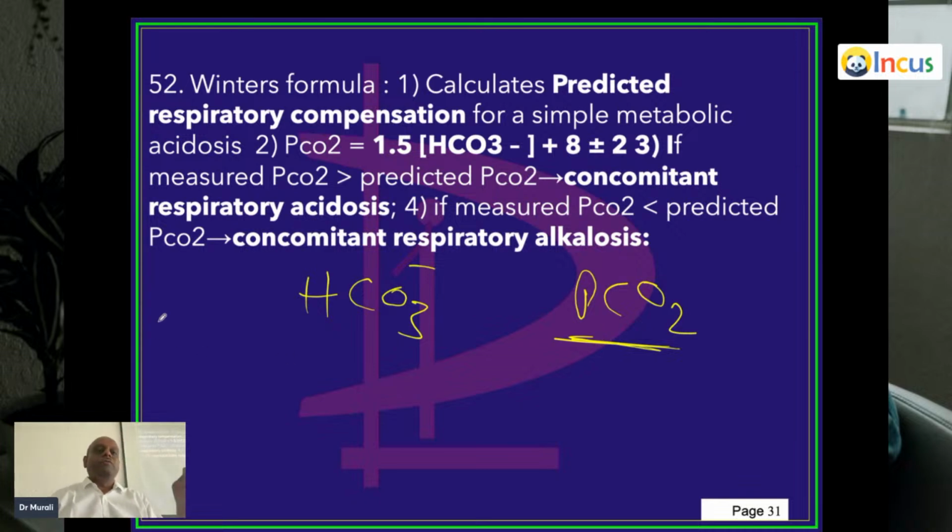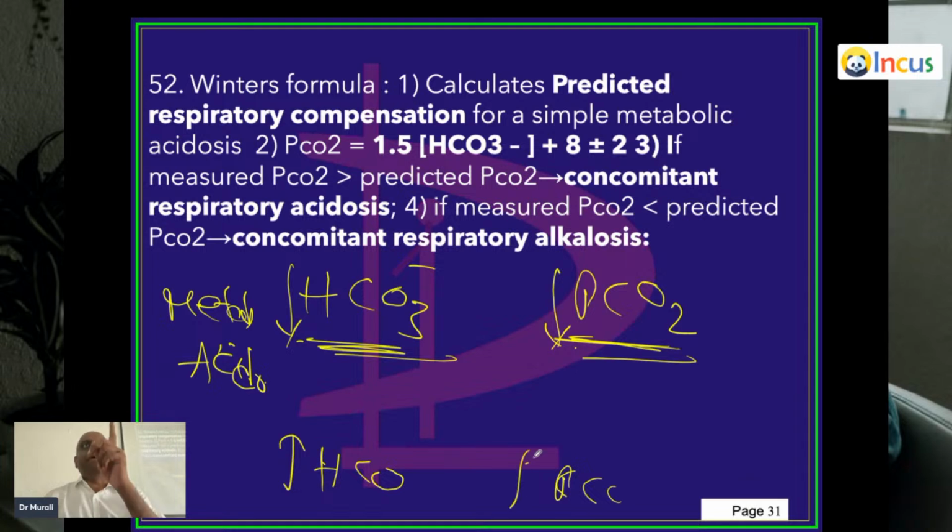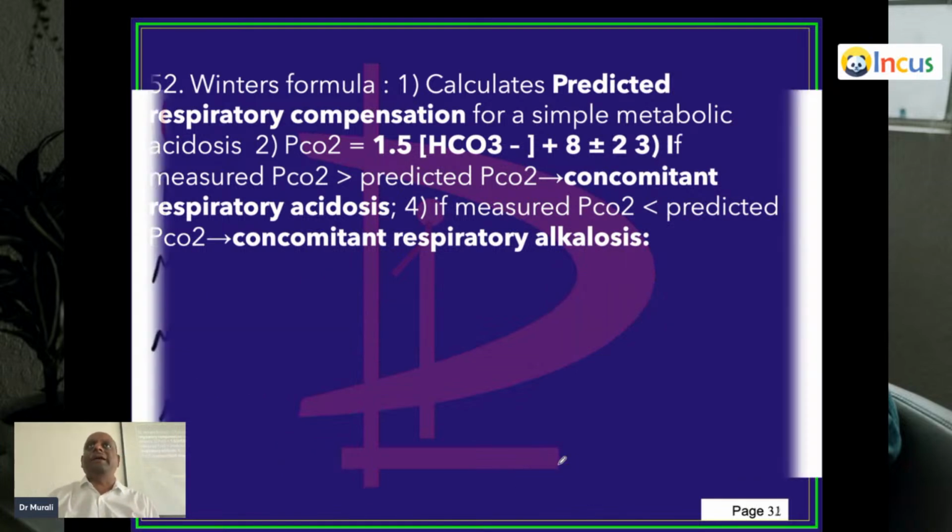So, first of all, tell me, in metabolic acidosis what happens to bicarb? In acidosis, bicarb decreases. That will lead to hyperventilation and PCO2 also will fall. So if bicarb falls this much, how much should PCO2 fall? In metabolic alkalosis, if bicarb rises this much, how much should PCO2 rise? This is called Winter's formula.